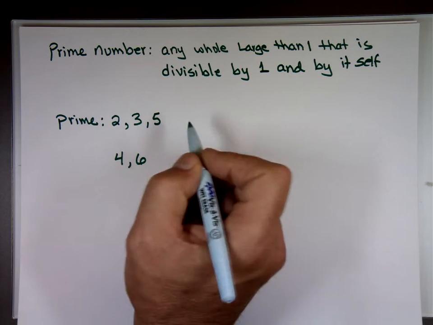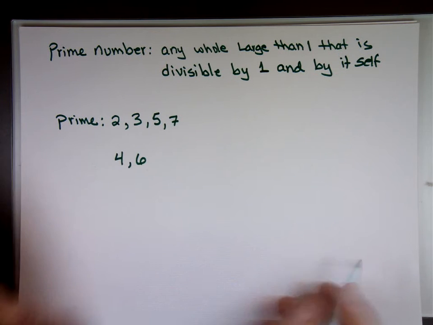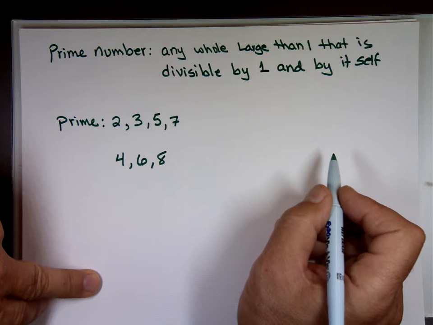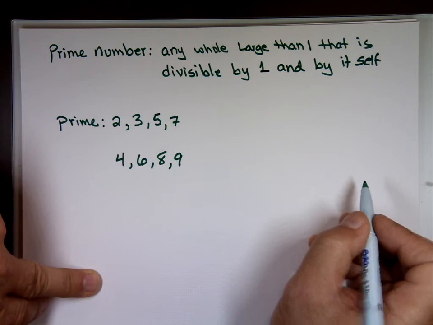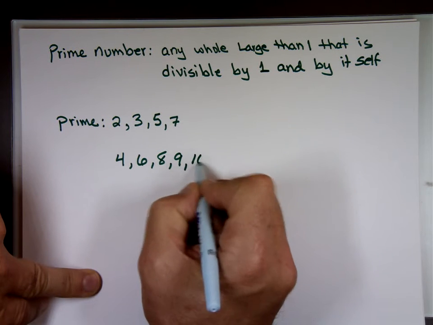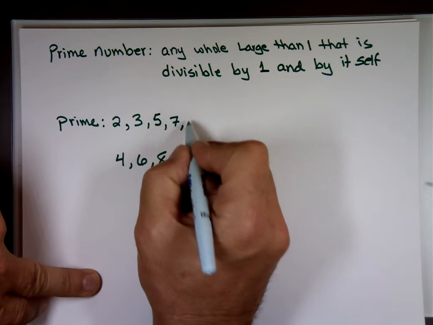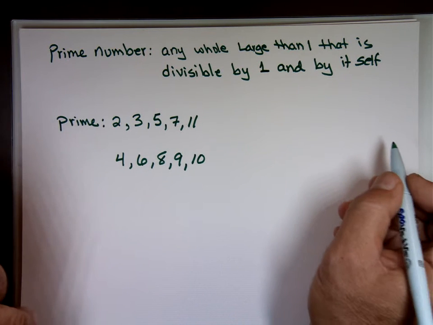How about 7? How about 8? No. 9? No, you can divide it by 3, right? 10? No, you can divide it by 2 and by 5. 11? Yes. Can't divide 11 by anything except 11 and 1. 12?